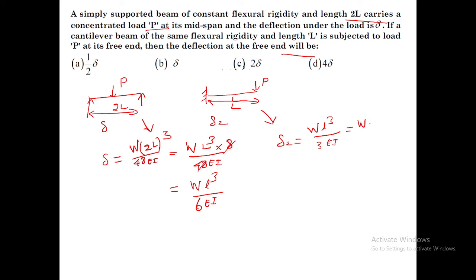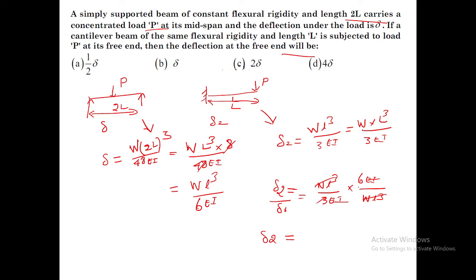So the deflection at the free end is delta 2 divided by delta 1, which is W L cube divided by 3 EI, divided by W L cube divided by 6 EI. The answer is delta 2 equals 2 delta.